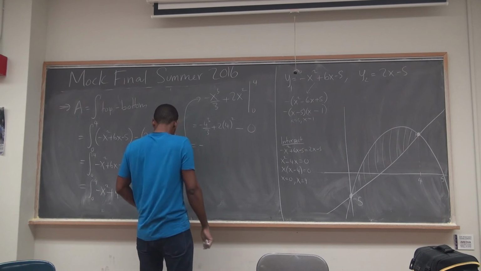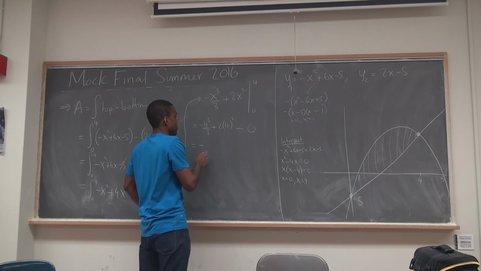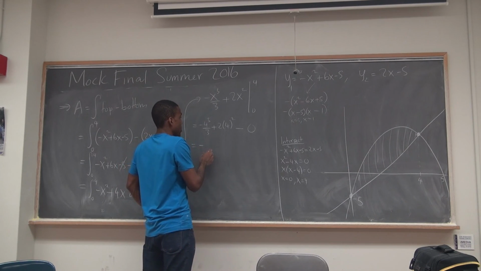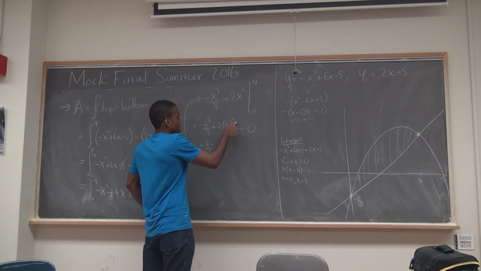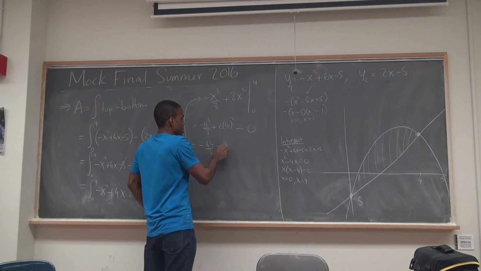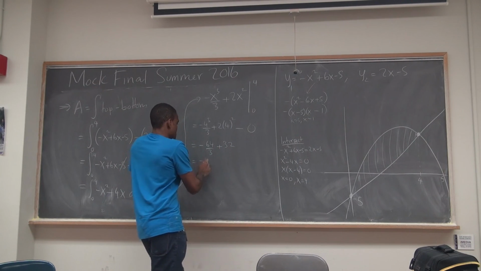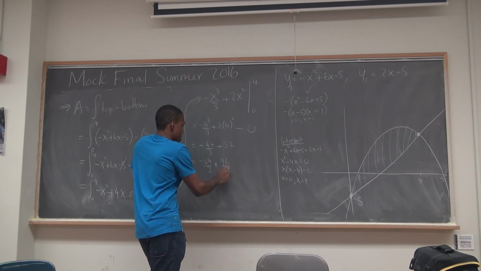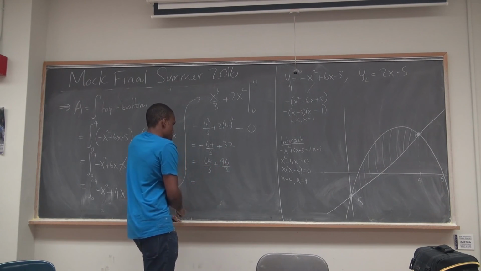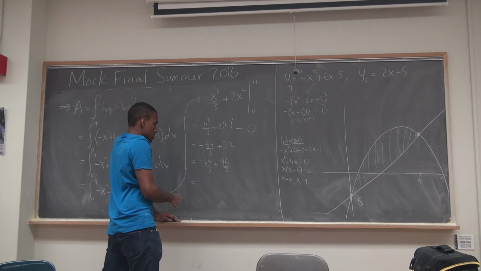So 4 cubed is 64, so minus 64 over 3 plus 16 times 2 is 32. So it's minus 64 over 3 plus 96 over 3. That gives you what? 32 over 3?